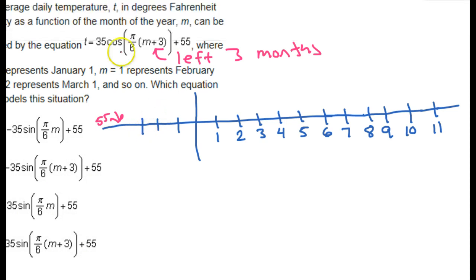Okay, so that means my cosine is going to start here, then it will go here, then it will go here, then it will go here, and then it will be back. Okay, so this is what my cosine function will actually look like.